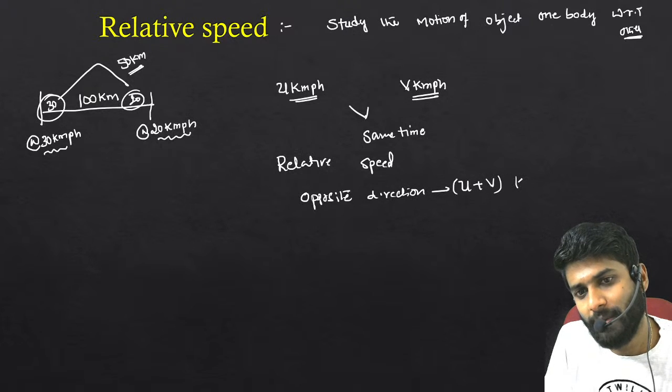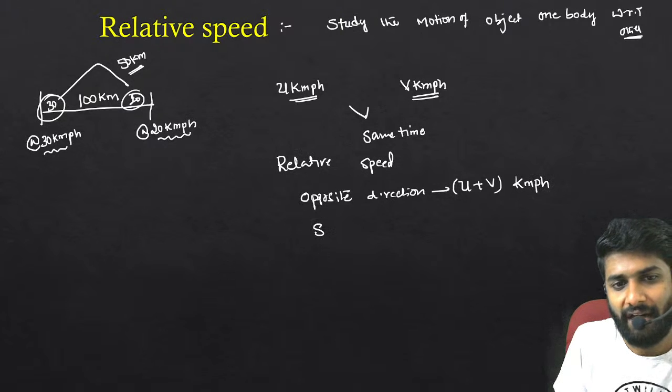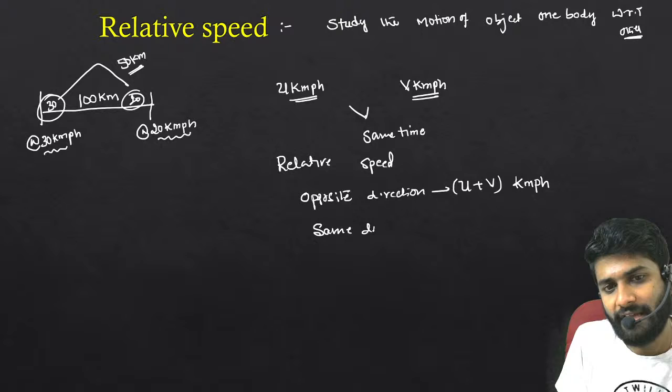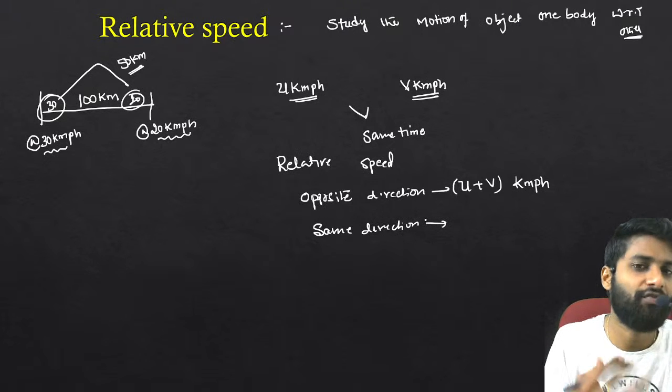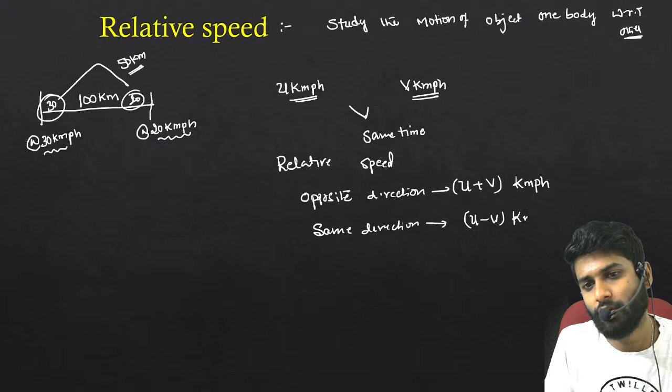The answer is u plus v kilometer per hour. If two objects are traveling in the same direction, Nana, the lower speed tries to overcome the higher speed, which means we need to find the difference. The difference is exactly equal to u minus v kilometer per hour.